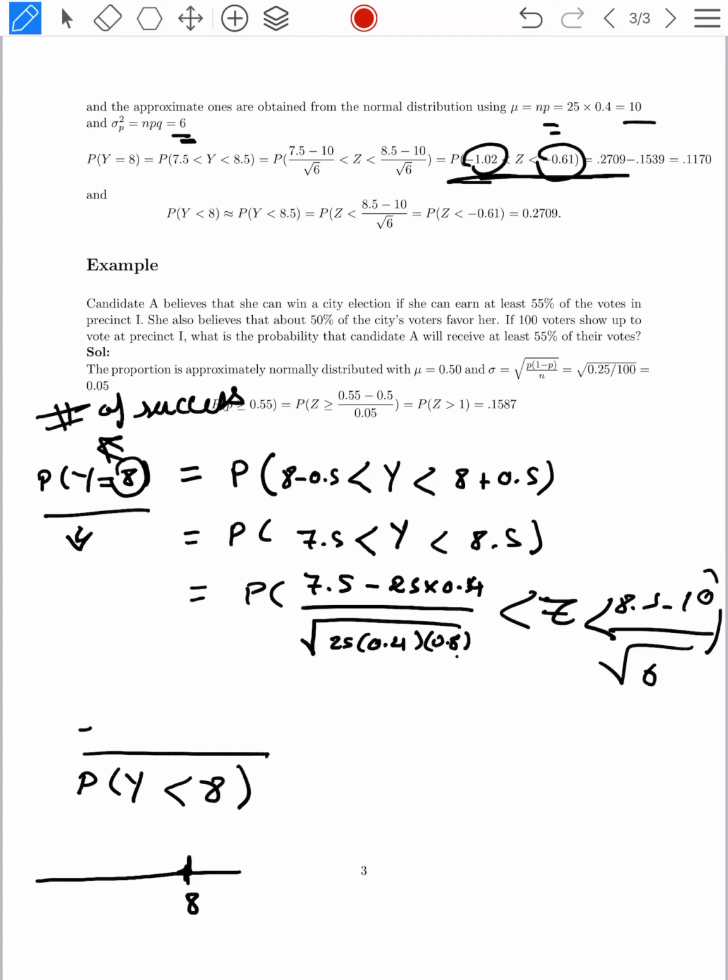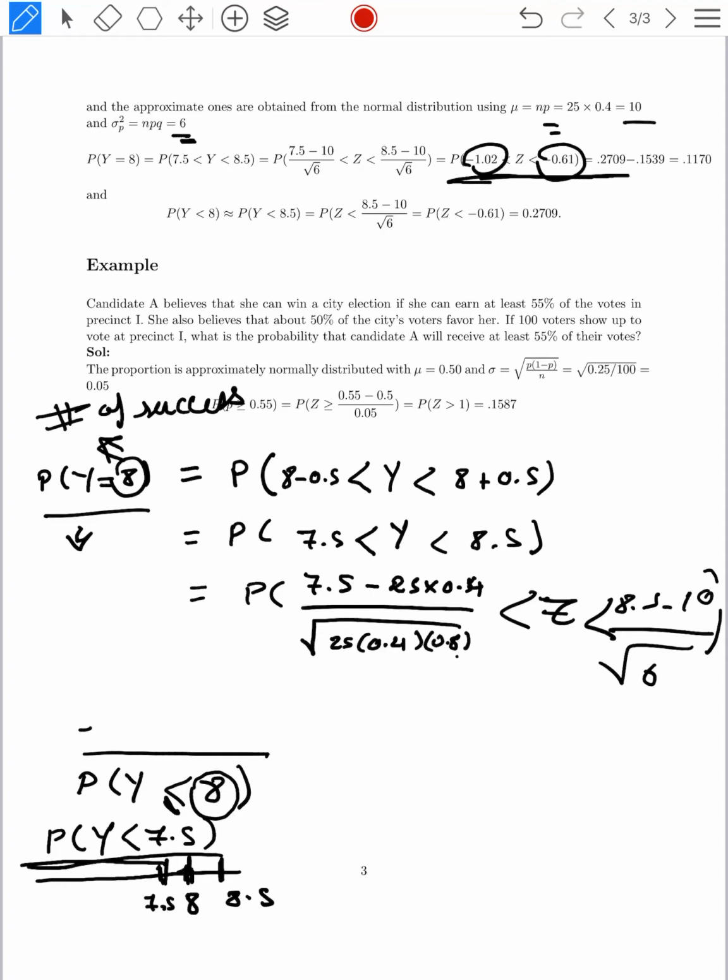So y less than 8 means 8 is not included. If 8 is not included, I have to find the probability y less than 7.5, so I have to do this continuity correction. If 8 is included, then in order to have 8 in my probability, it's going to be 8.5.